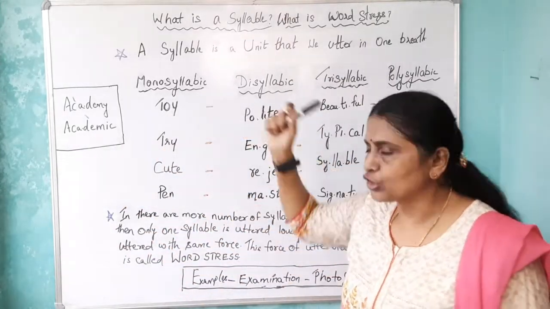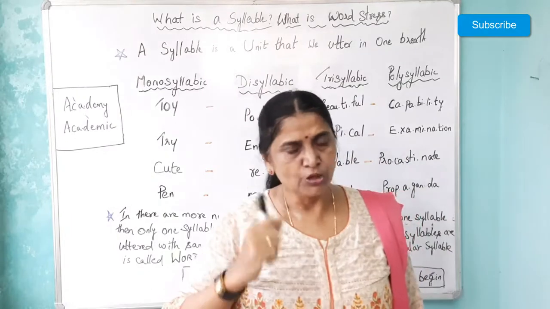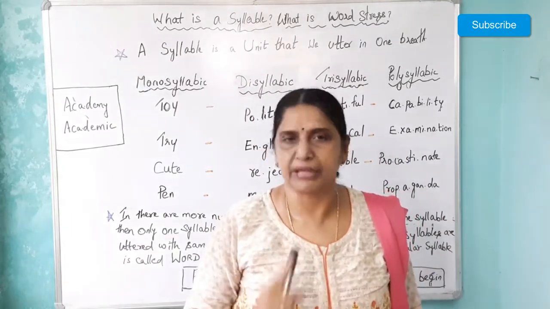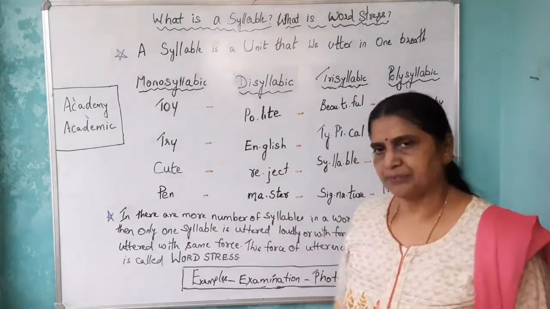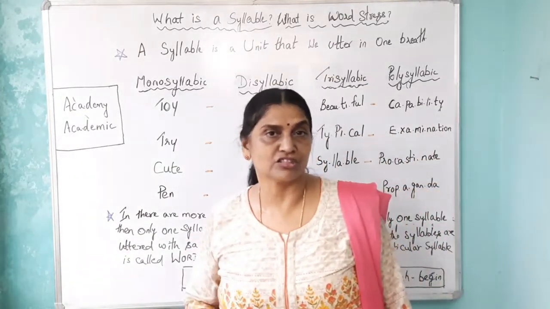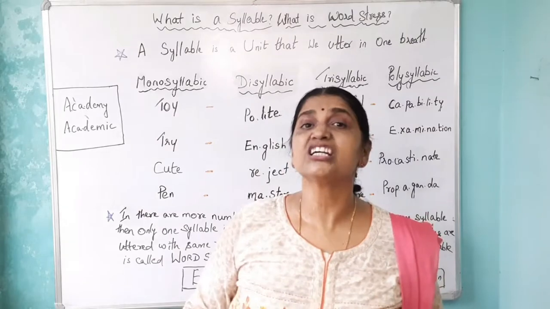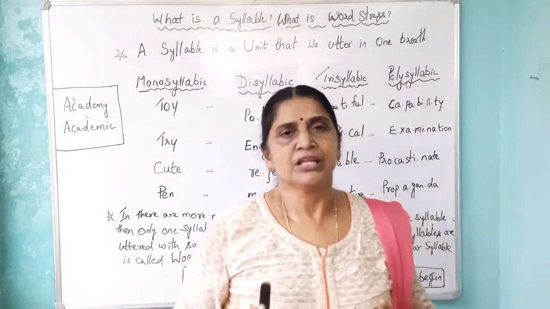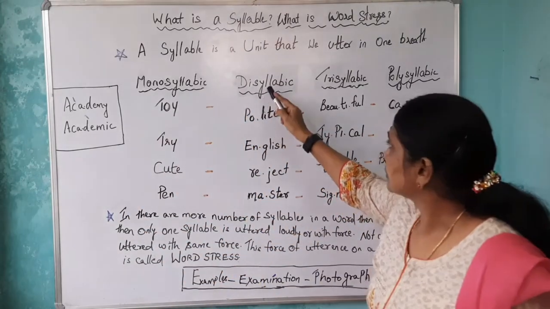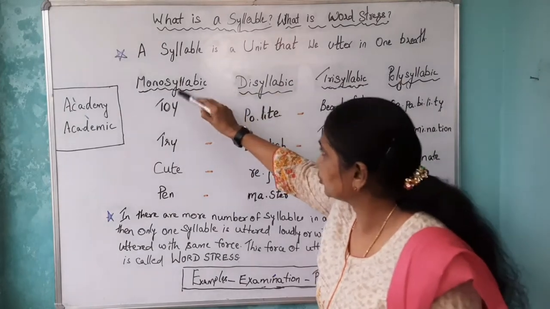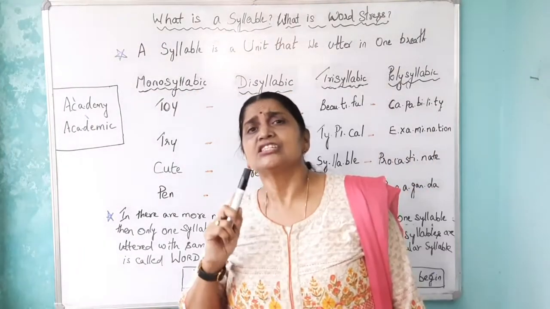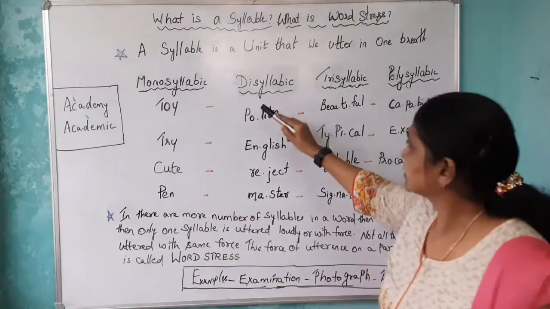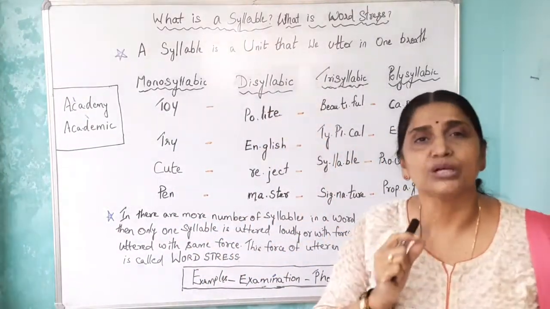Syllable is a unit in a word which we utter with one breath. Okay, got it? Now, what is a stress? This is not the regular stress you experience in your life. This is word stress. When you understood that a word can be monosyllabic, disyllabic, trisyllabic and polysyllabic, we stress certain syllables in a word.